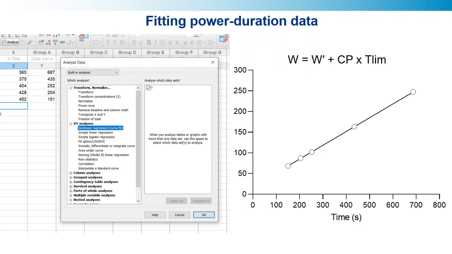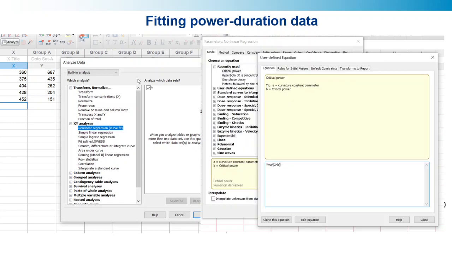So all you do is you put your data in the data columns, then you press Analyze, go to XY Analyses, Nonlinear Regression, and then you click on OK, and you then do your own user-defined equation. So click on New. I've called it critical power. So the A parameter is equal to the curvature constant parameter, or W prime.